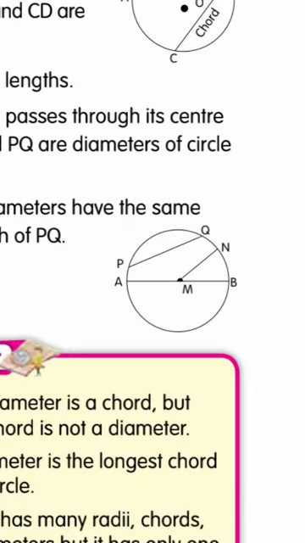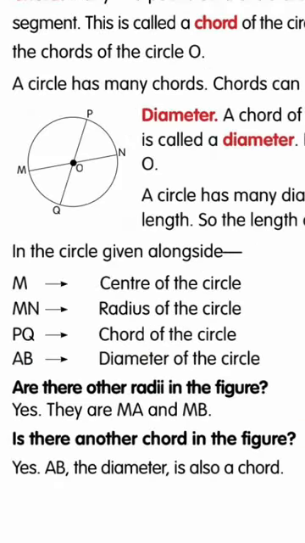Now, in the given circle alongside, M is the center of the circle and MN is the radius of the circle. PQ is a chord of the circle and AB is the diameter of the circle.